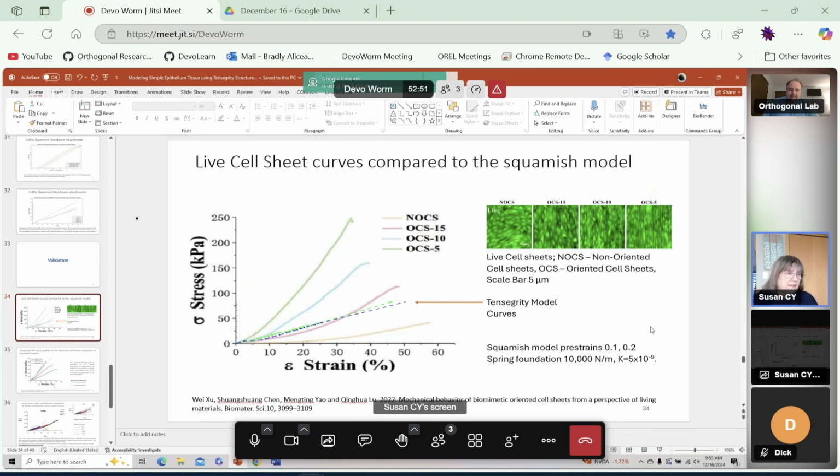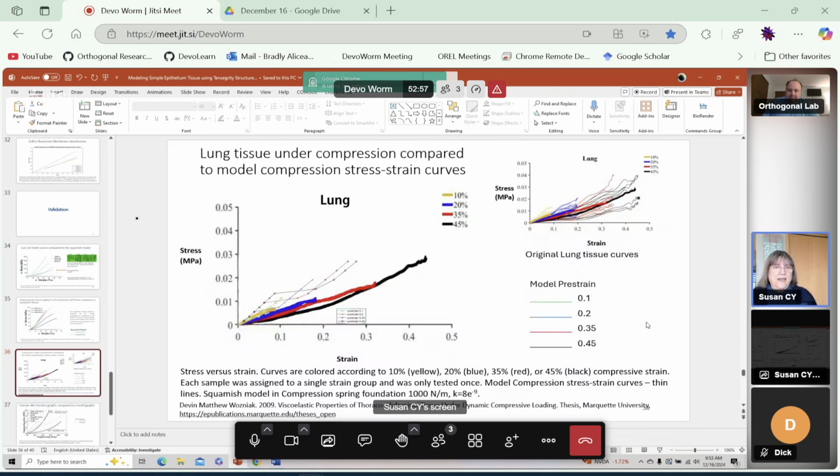They've also been looking at lung, but lung is complicated. This is a cadaver, I think pig lung. But it's a complicated tissue. There's squamous cells mixed in with some ligament stuff.